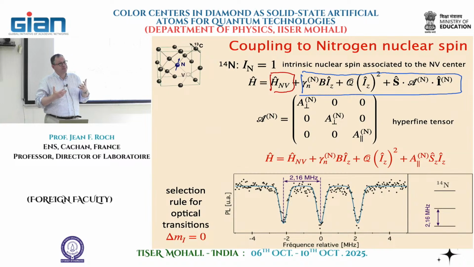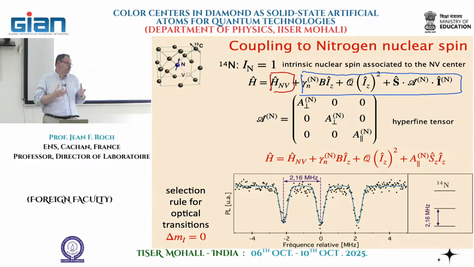So we have the same kind of thing here. We will have the Fermi interaction, and we also have the direct magnetic dipole-dipole interaction between the dipole of the NV and the dipole of the other system.